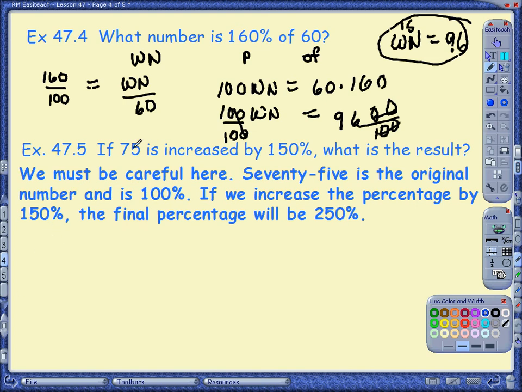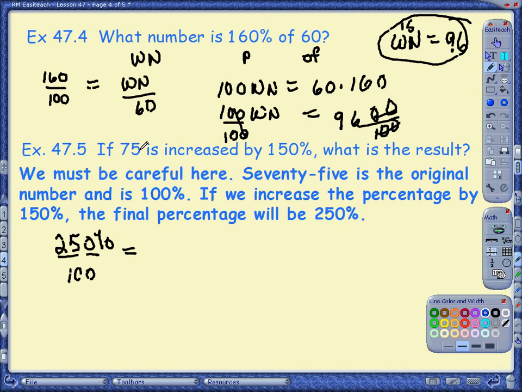So whenever we see that something is increased by a certain percentage, we have to add the two percents together, and we get 250%. The original number percent is 100%. We add it to the percent of increase, 250%. Now we're all set to solve it in exactly the same way as we did before.